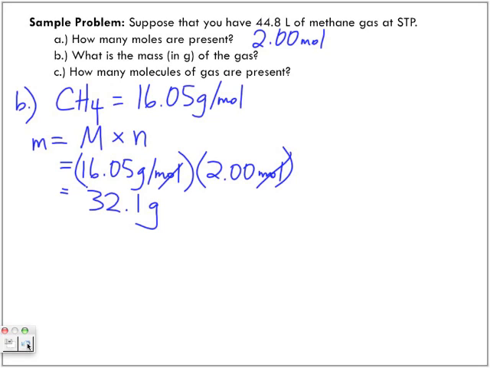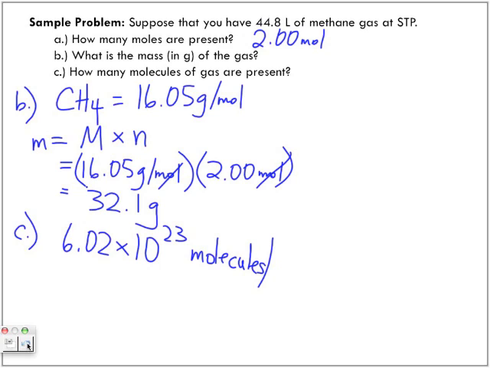Now, part C asks us for how many molecules of gas are present. So from this, what number should come to mind? Exactly, Avogadro's number: 6.02 times 10 to the power of 23, which tells us how many molecules there are per mole.